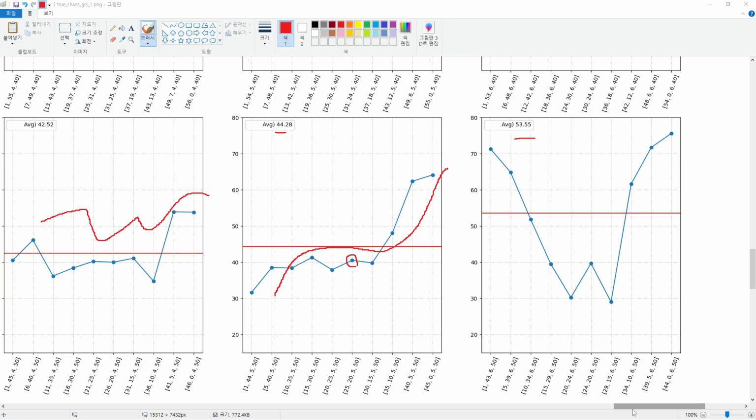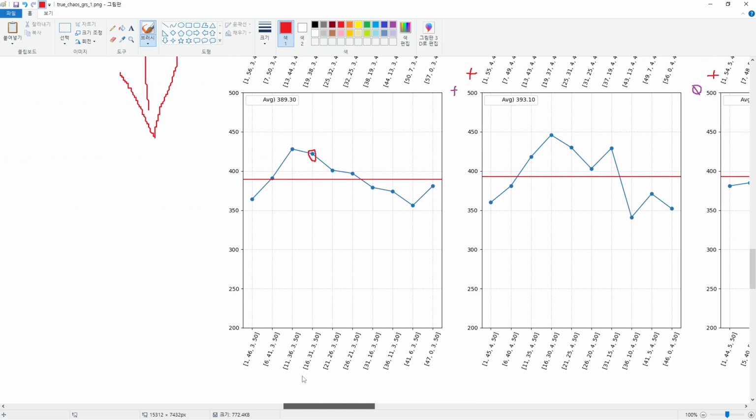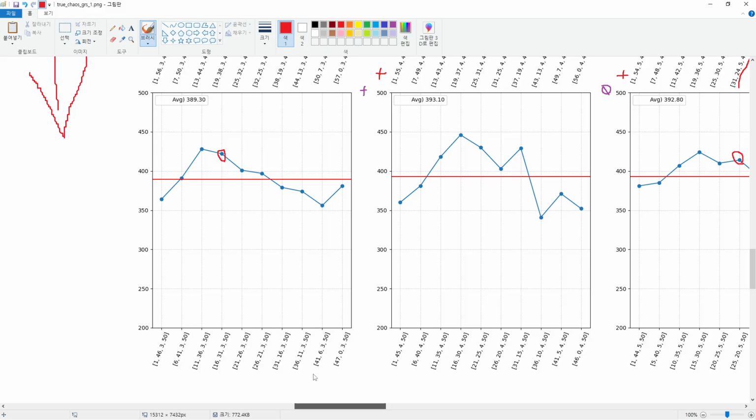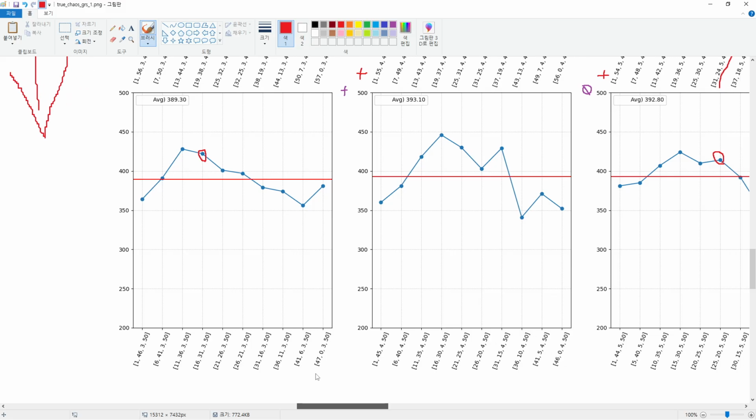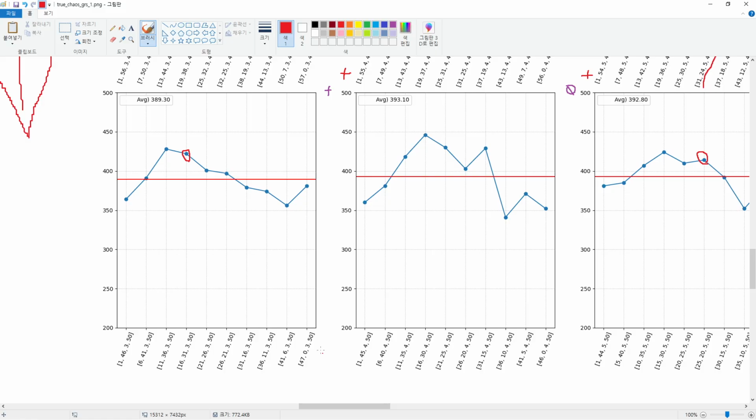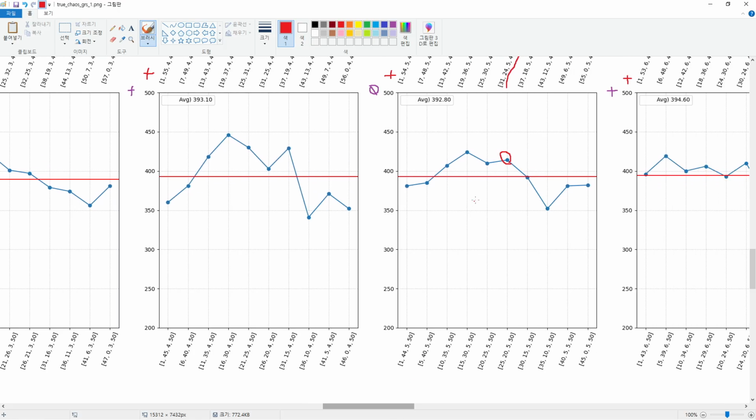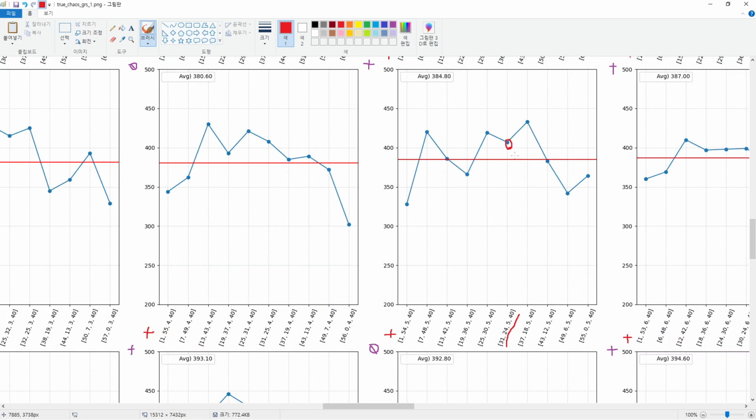So, when it comes to data point counts, we do get a higher than average data point count when more than one true ceiling is achieved.